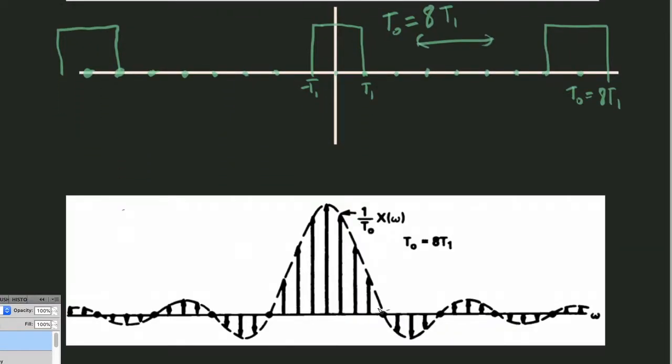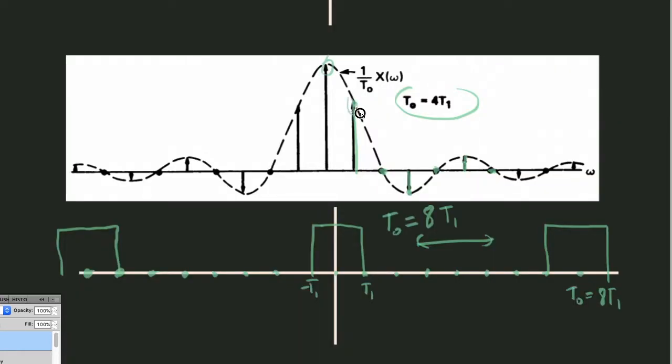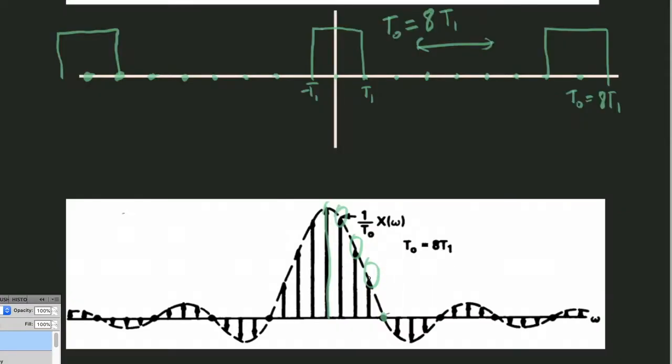Now we can see that between this component and the zeroth component, we now have 1, 2, 3, and 4 components. But before we had only 1 and 2 components. Therefore, when we double the period, its Fourier series expansion gets narrower.